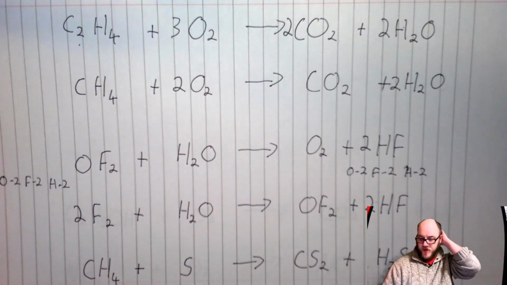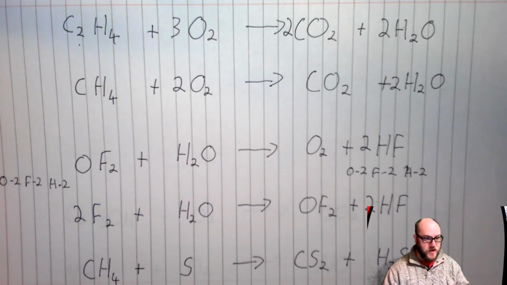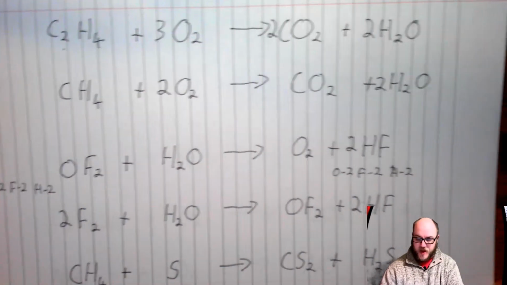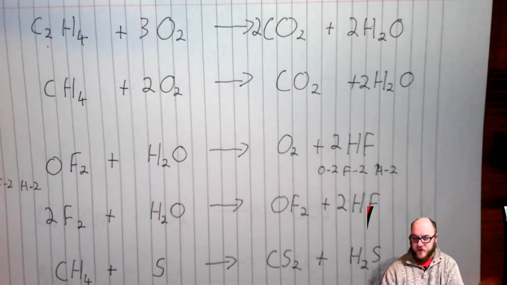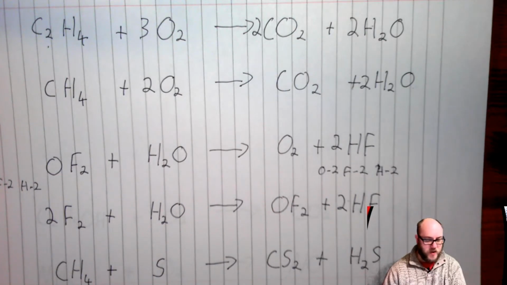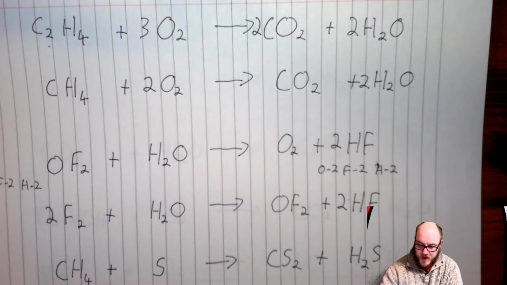Okay, this last one then, methane plus sulfur gives CS2 plus H2S. Excuse my dining room table there. So CH4 plus S. So here, immediately, I can see I've got 2 sulfurs here, 1 there, that makes 3.